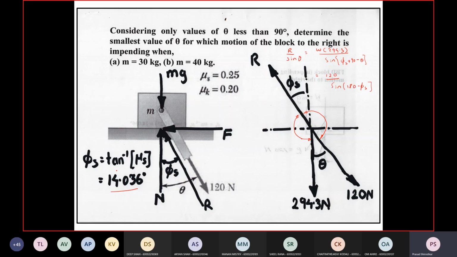We have already calculated phi s. Substitute the value and solve and find angle theta.